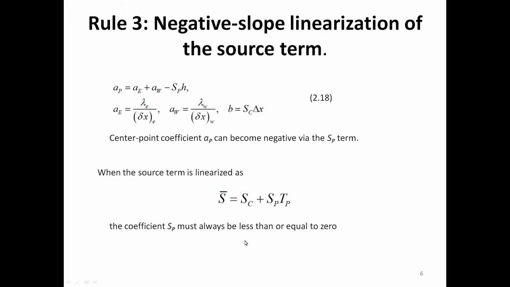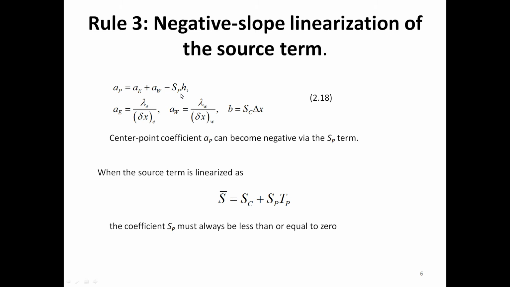Rule 3. Negative slope linearization of the source term. If we consider the coefficient definitions in equation 2.18, it appears that even if the neighbor coefficients are positive, the center point coefficient a sub P can become negative via the S sub P term.